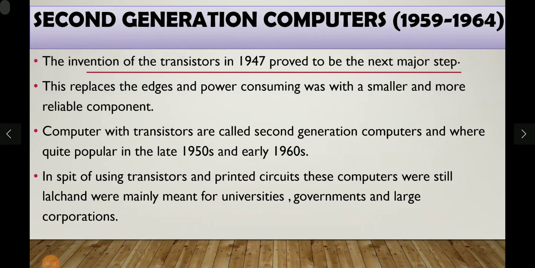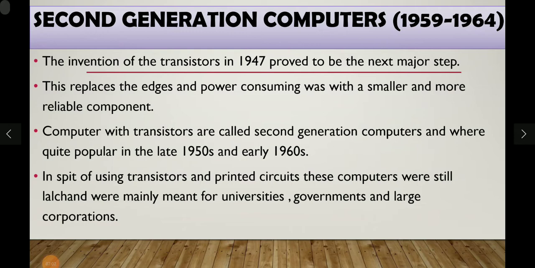Shall we recall once again what the second generation of computer is? The invention of the transistor is the main thing in the second generation, and it replaced the power consuming tubes with a smaller and more reliable component. Computers with transistors are called second generation computers, which existed around the 1950s and early 1960s.